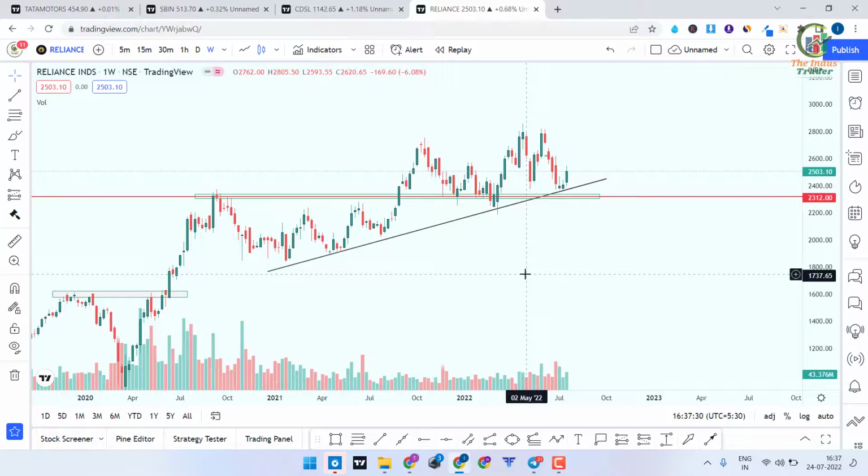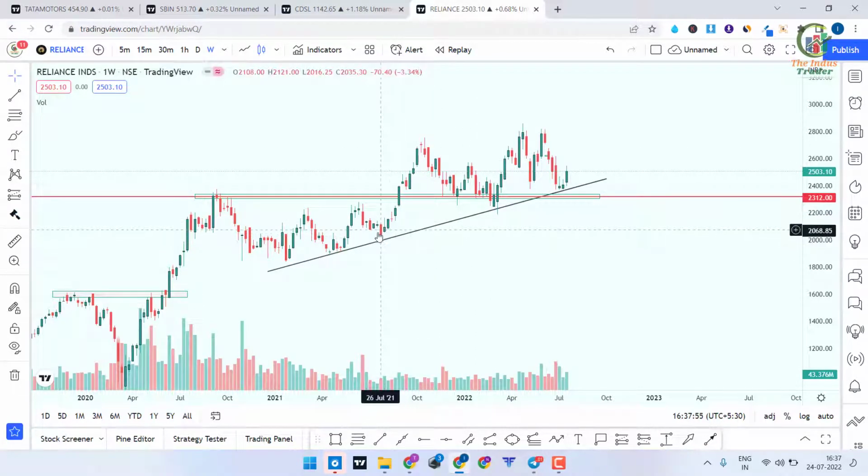Uptrend is nothing but when that particular swings are forming higher lows and higher highs. So here this is called impulse move, and we usually call it pullback or retracement. This is impulse and this is pullback or retracement. So here pullback or retracement is nothing but in a trend.